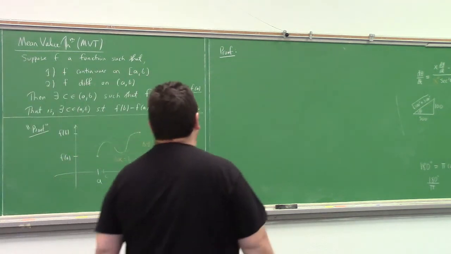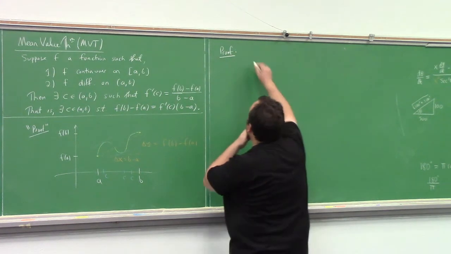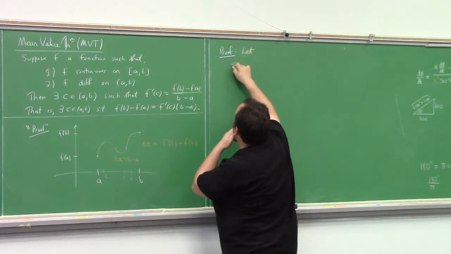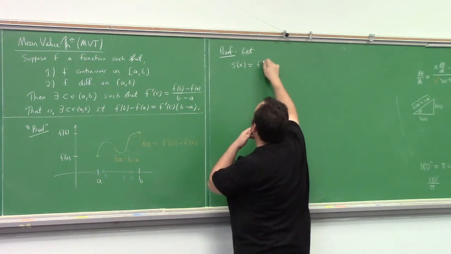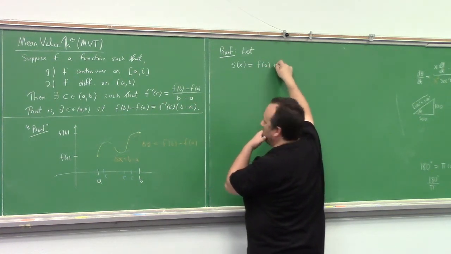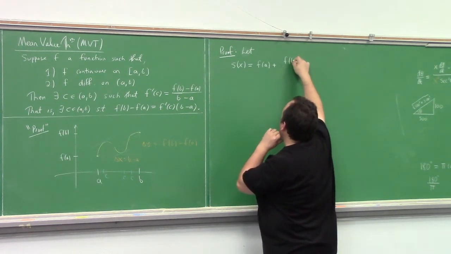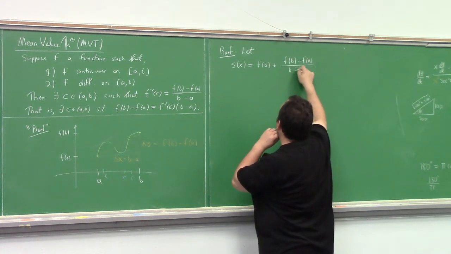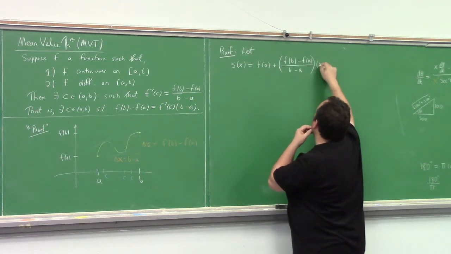Let's see here. I think what I want to do is let S of x equal f of a plus f of b minus f of a over b minus a times x minus a.